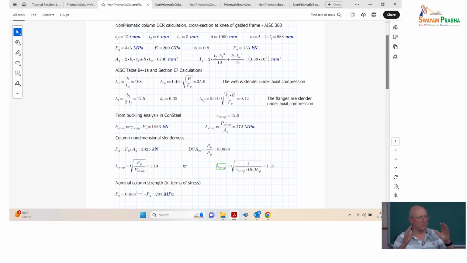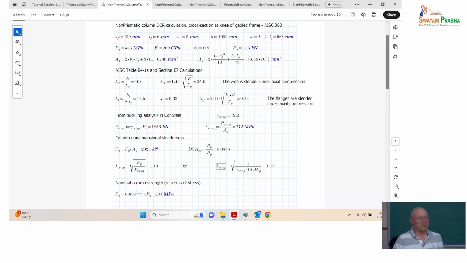So for each column now, I've got an elastic buckling load, I've got a PU, and I've got some sort of a cross-section strength that I can quantify in terms of axial load. If you've got all those, you've got everything you need to then determine a PU over PPN, the design demand to capacity ratio for the member, for each member.